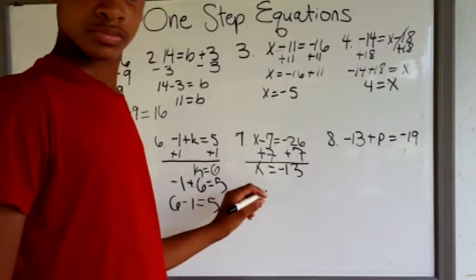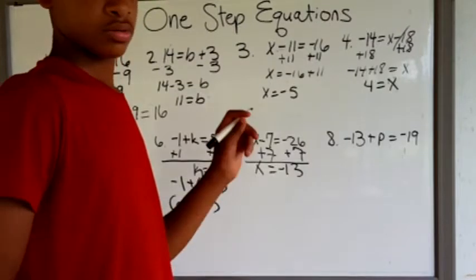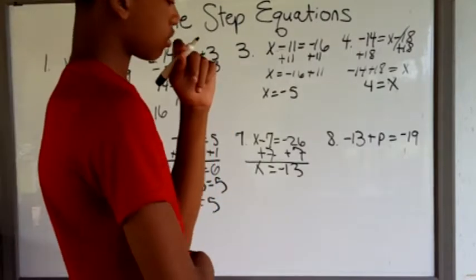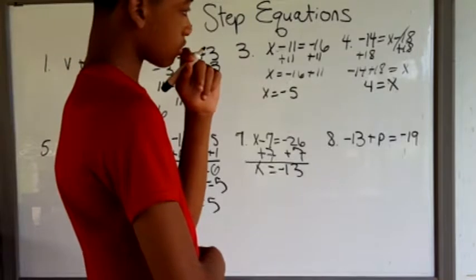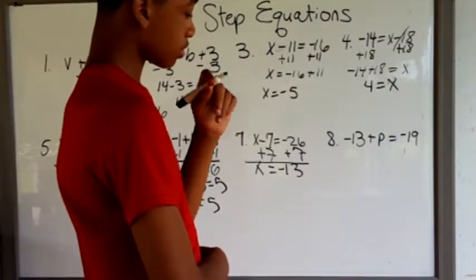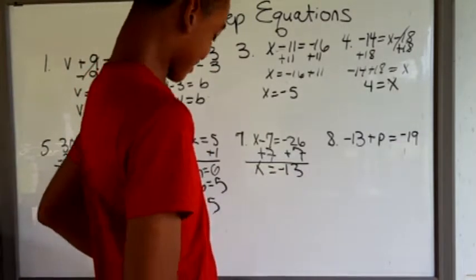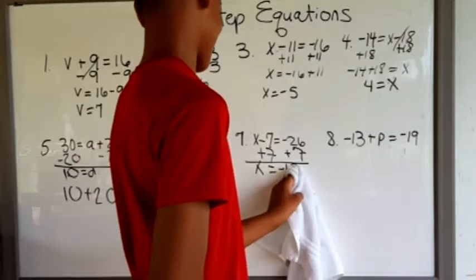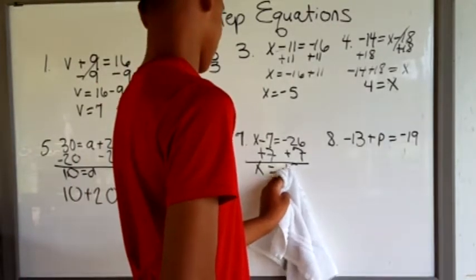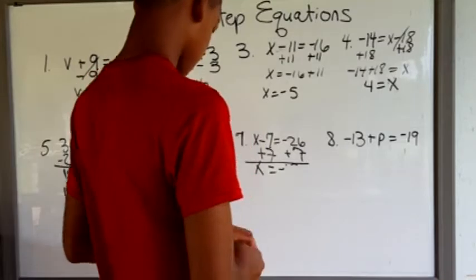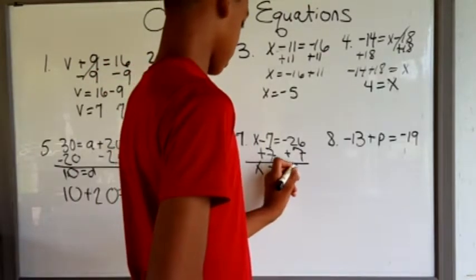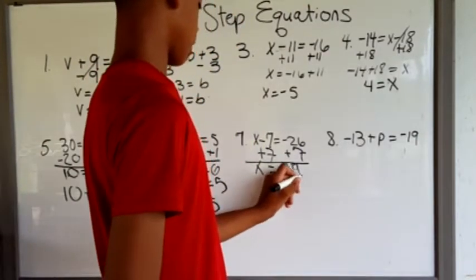Joshua, negative 26 plus 7? Wait, no. I don't think so. Where did you get 13? Wait. Negative 19.